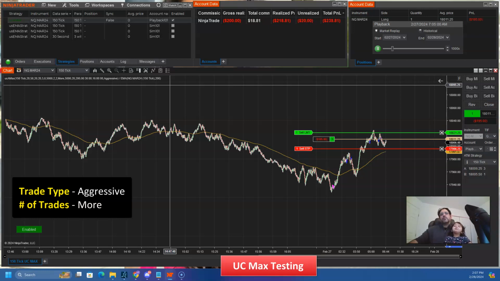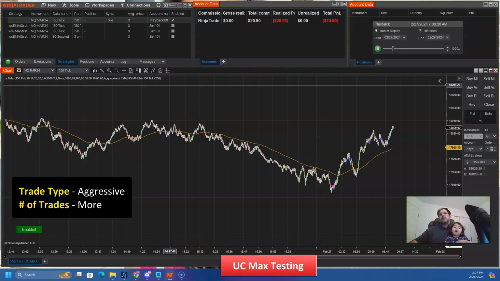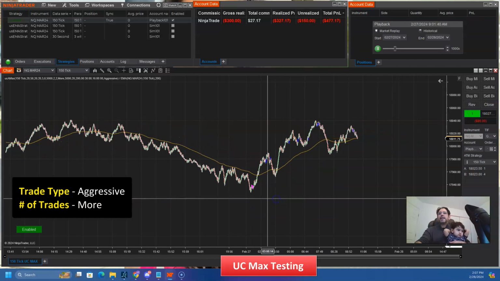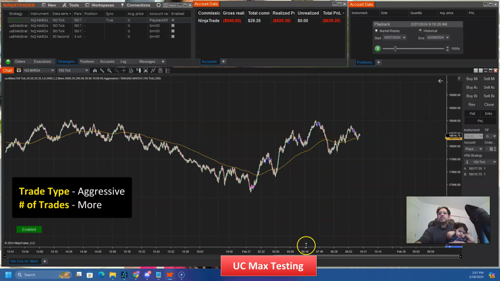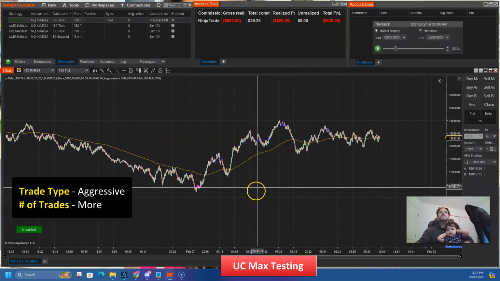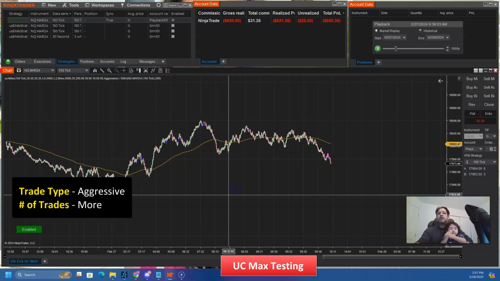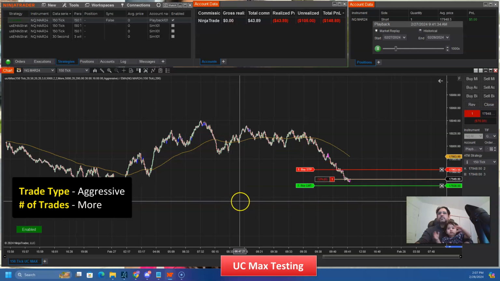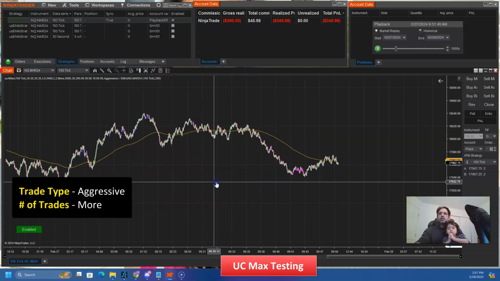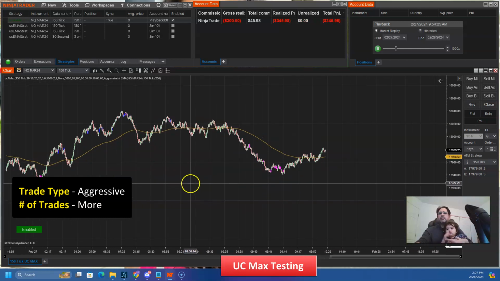And of course, if you are using multiple contracts, you can tier them up, you can target them for different levels and different targets, but again, we just wanted to keep it simple and see how it goes. So right now we're doing more number of trades and aggressive trade type. Order filled. Stop filled.